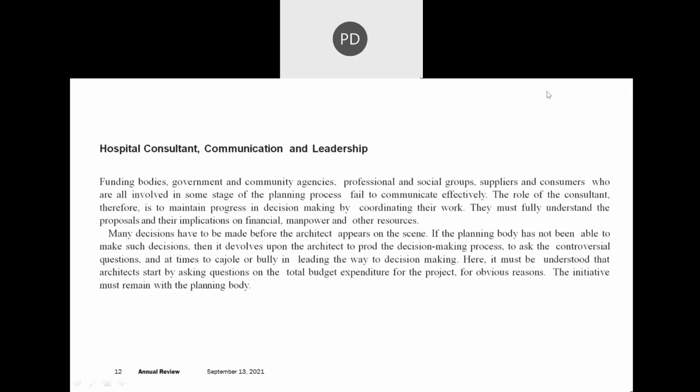There will be some clashes for sure. The architect would say that no, for this particular thing this much space requirement should be there, and the consultant will say that no, I have built many hospitals and I have given decisions, and the space requirement is this much only, so you have to change some plan.